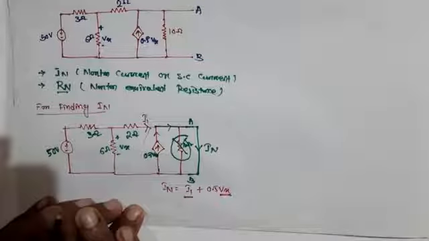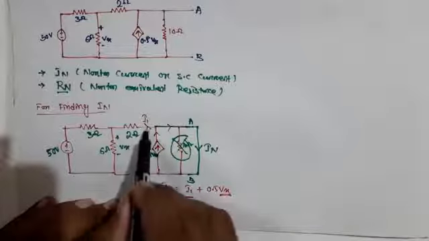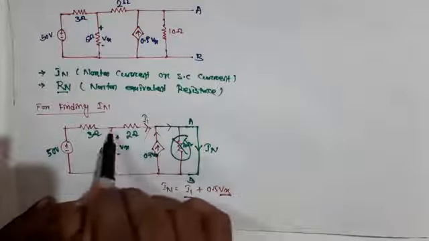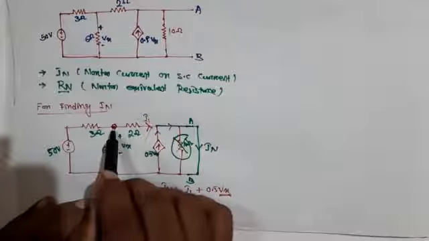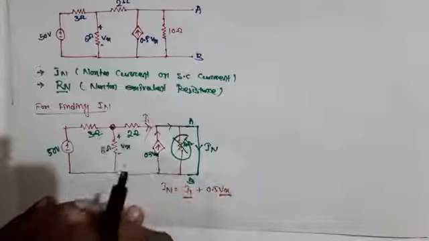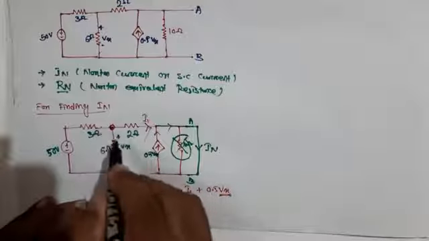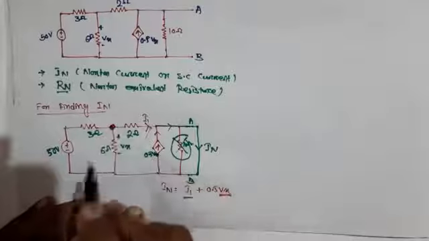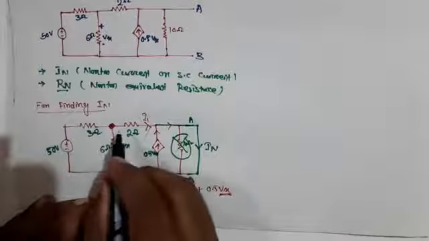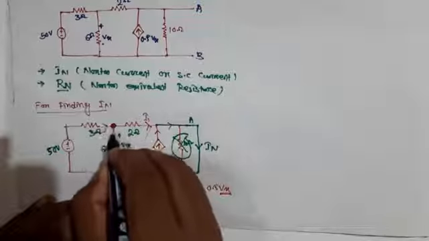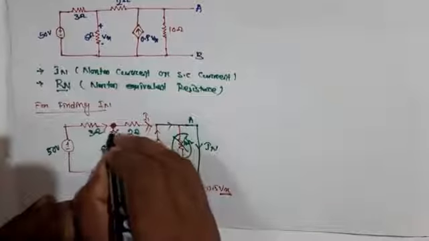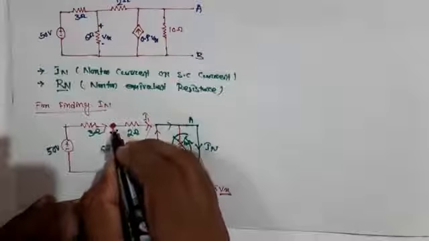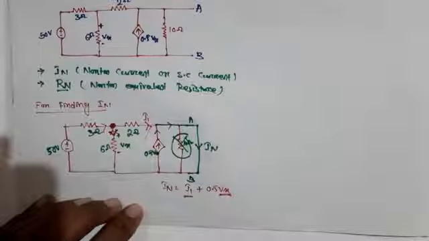For finding I1, this I1 current is totally flowing through this one, so here only a single node is present. If we apply KCL at this node, we can find I1. This is the scenario.